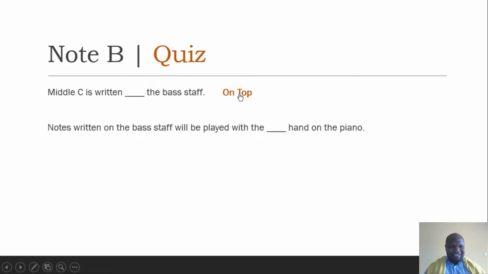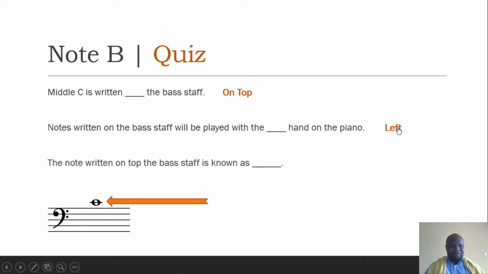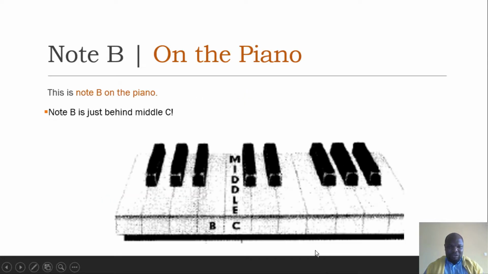And this one here says, notes that are written on the bass staff will be played with the dash hand on the piano. Okay? Notes written on the bass staff will be played with the left hand on the piano. The note written on top of the bass staff is known as, do you remember the name of this note? That is middle C. Good job and well done.